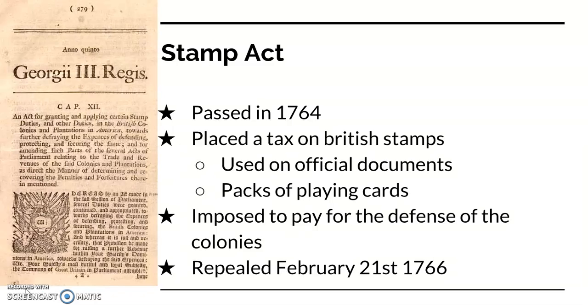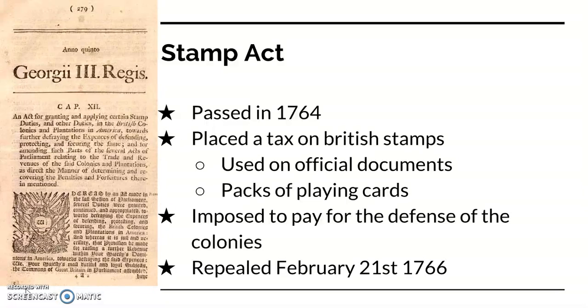Your marriage license, your death certificate, birth certificates, all types of licenses of this kind had to have a royal stamp placed upon it. Even dice and playing cards. You ever look at a pack of cards, and you'll always have a fancy design on the back of the card? Well, in the old days, that was actually a British royal stamp. And you needed that stamp for any of these documents.